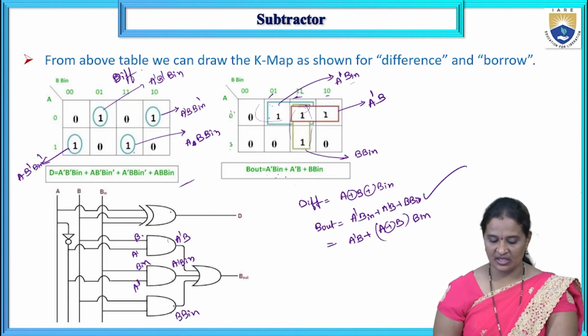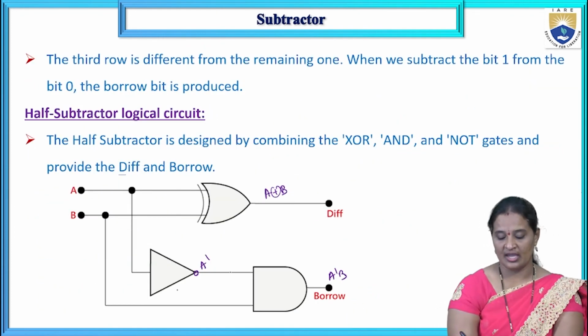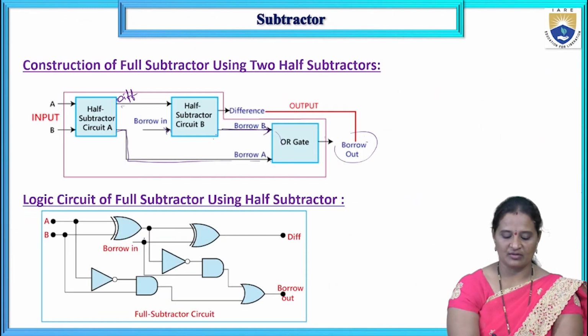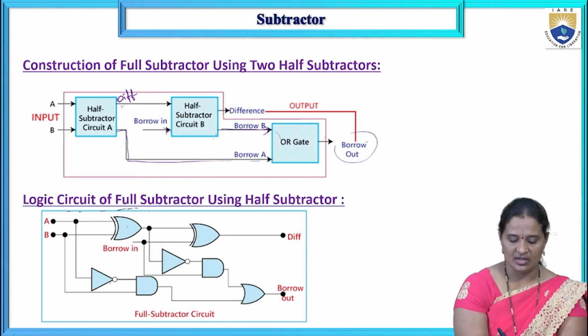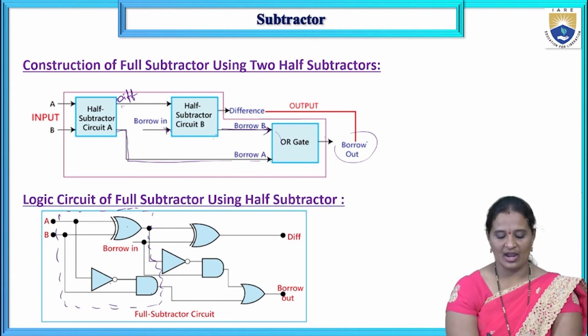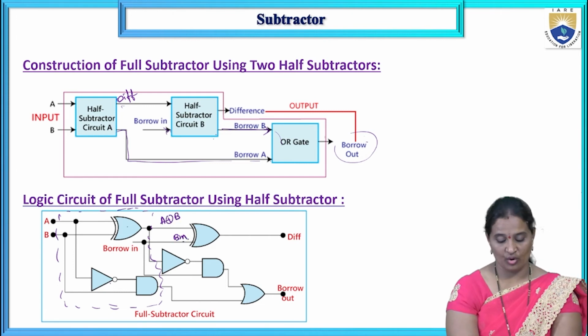As you have seen, a half subtractor includes 1 XOR, 1 NOT gate and 1 AND gate. So we are replacing each half subtractor with 1 XOR, 1 NOT gate and 1 AND gate. So what is the output here? A XOR B, whereas the other input is Bin or borrow in.